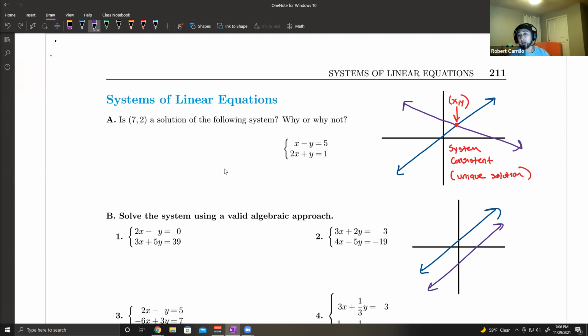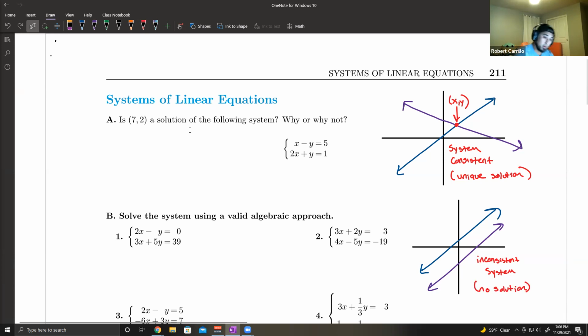If the two lines do not intersect, then this system is said to have no solution. So this would be an inconsistent system, meaning there is no solution.